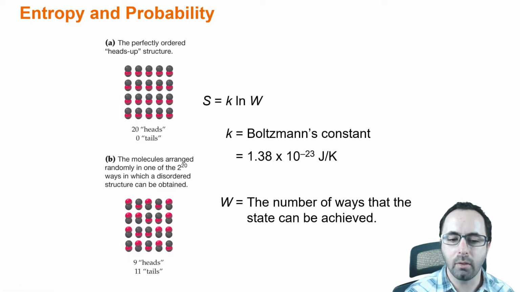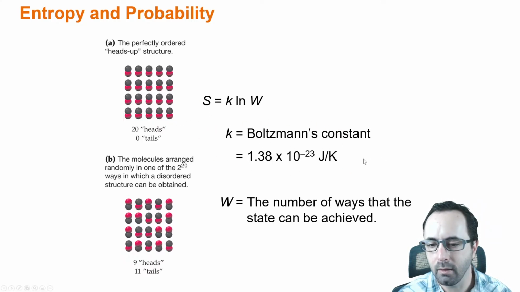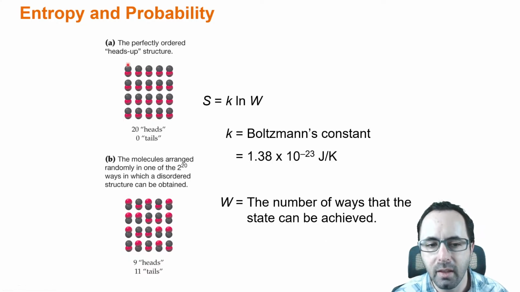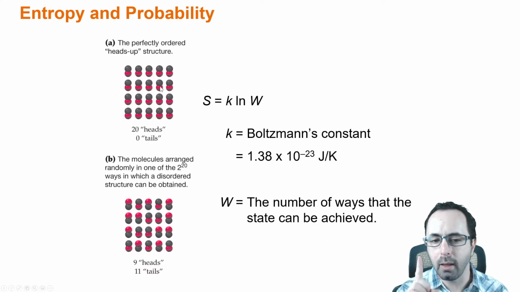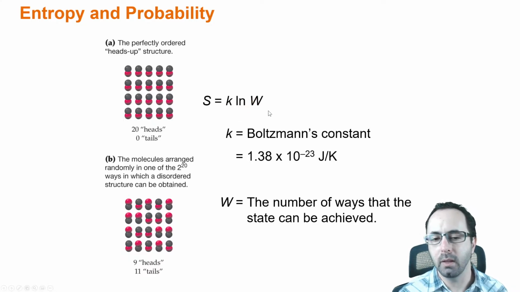And quantitatively speaking, if you want to define entropy, it would be Boltzmann's constant, 1.38 times 10 to the minus 23 joules per Kelvin, times the natural log of the number of ways in which the state could be achieved. And so the entropy of this state, since there's only one way it can be achieved, would be the Boltzmann constant times the natural log of 1, which would be 0.